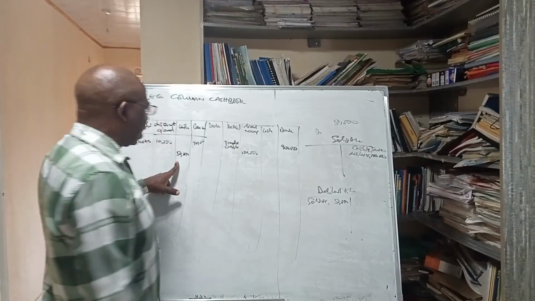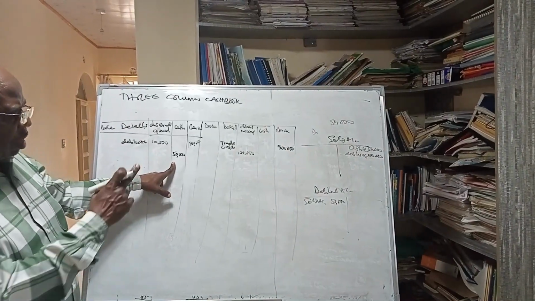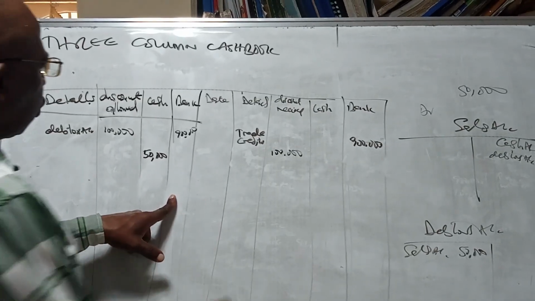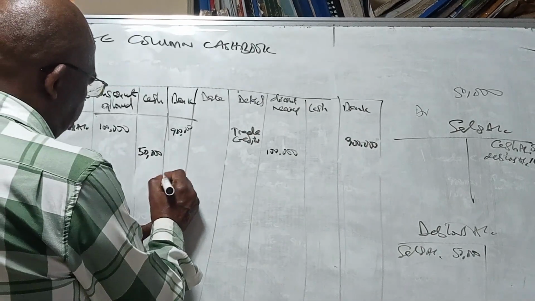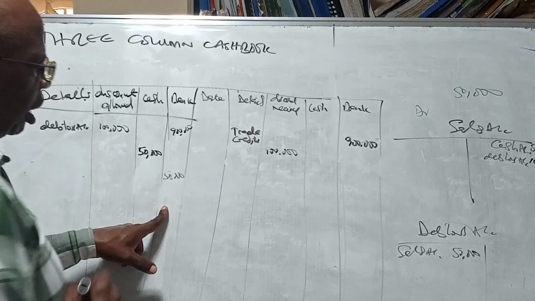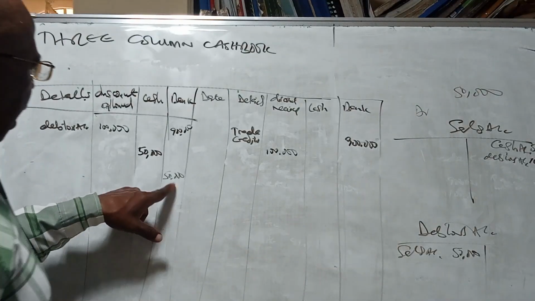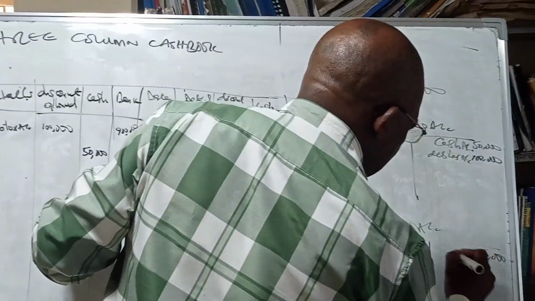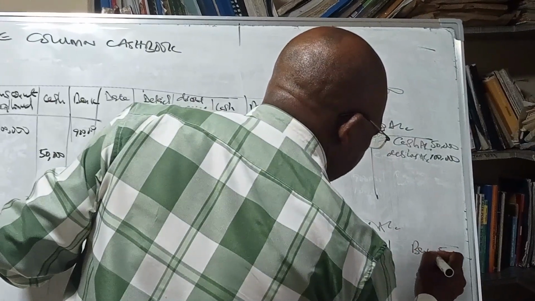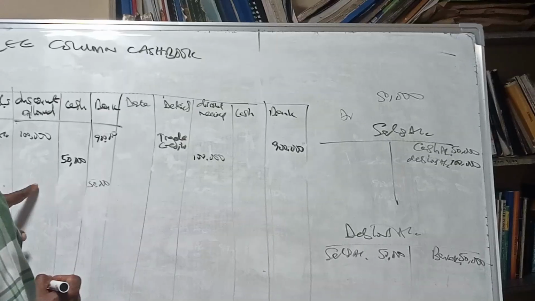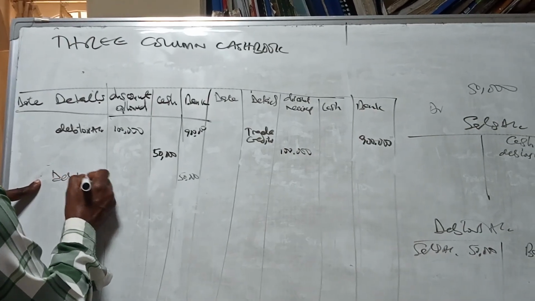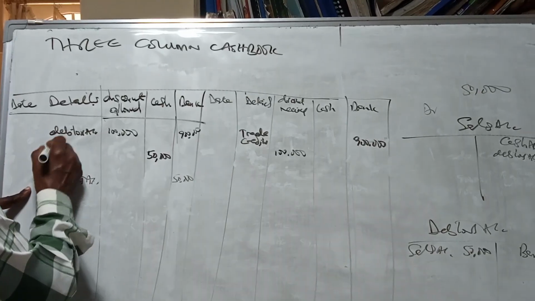If we now collect this money and the debtor gives us a check of 50,000, we will come to the bank and show an increase of bank of 50,000, as we record a reduction of debtors of 50,000. Here we cross-reference. Here we say bank account, and here we say debtors account.